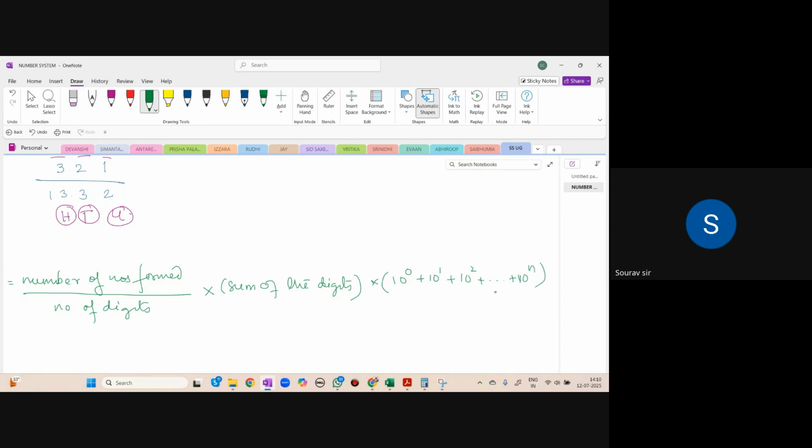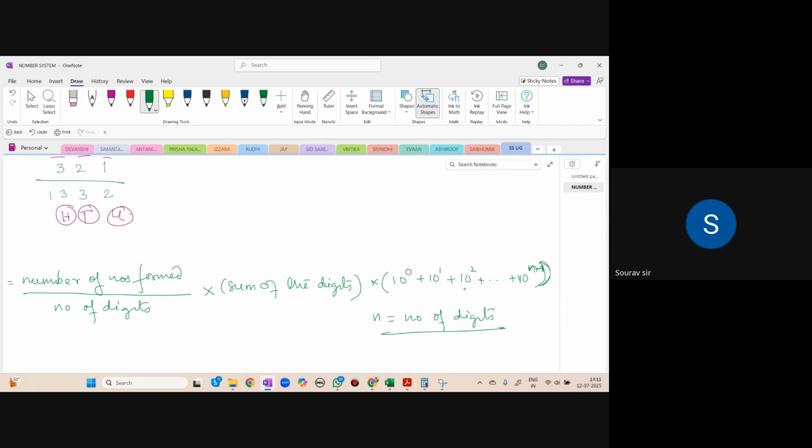Here n represents the number of digits. So here n is 3, so it will end at 10 to the power 2.